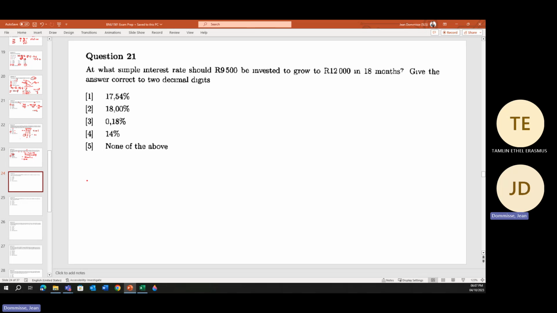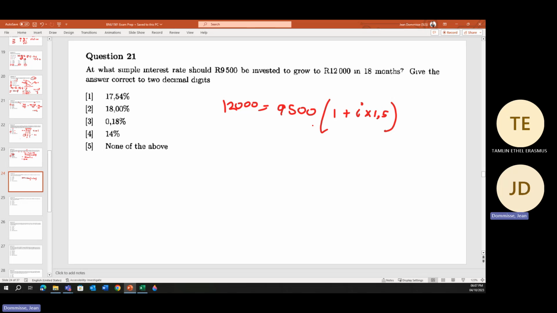So they tell us, at what simple interest rate should 9,500 be invested, so that it grows to 12,000 in 18 months' time. So 18 months, remember, is 1.5 years. So we're going to multiply I with 1.5. That is what we will need to work out.